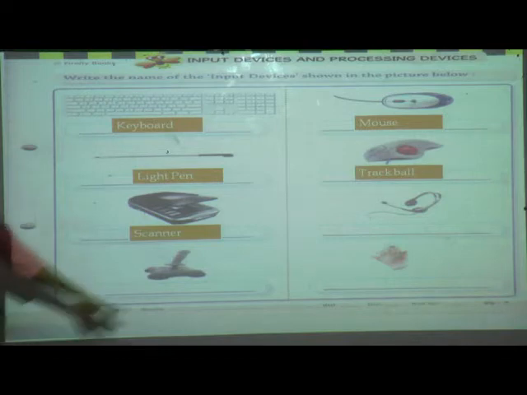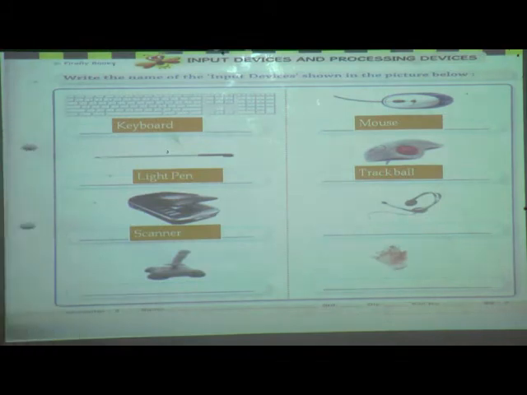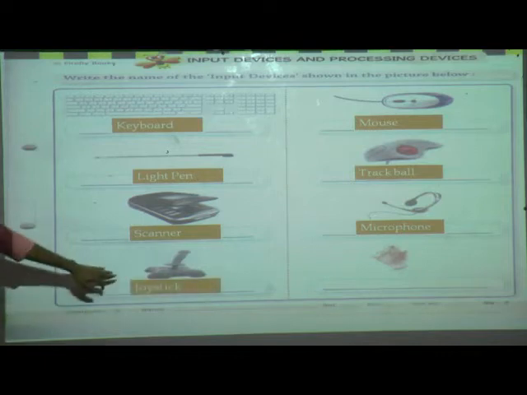Next, what is this? It is microphone. M-I-C-R-O, micro, P-H-O-N-E, phone. Microphone.